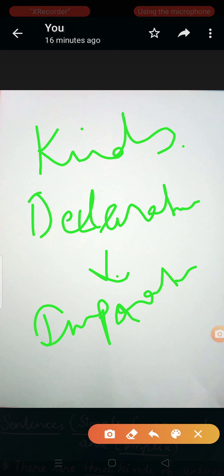For instance, shut the door, open your notebook, draw something, don't pluck the flowers, don't remove your mask, use sanitizers. So, if we talk about advice, request, order, then all these sentences come under imperative sentences.